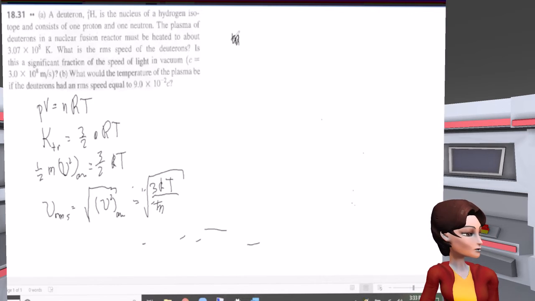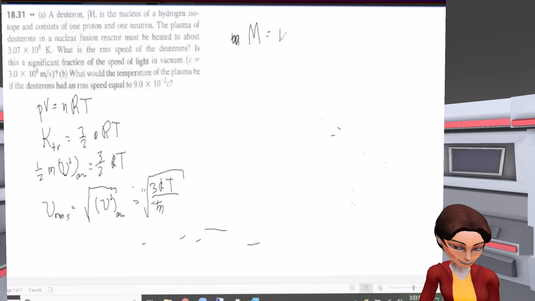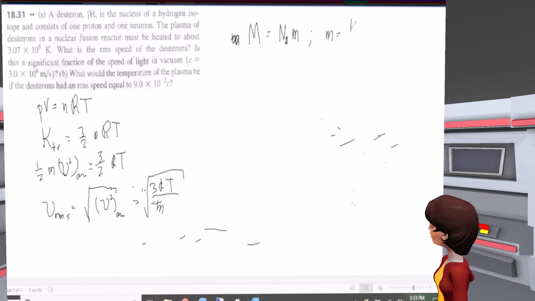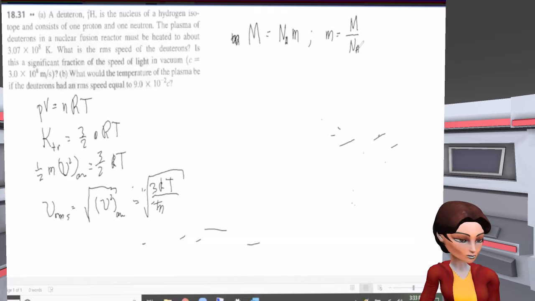We have that the molar mass is equal to Avogadro's number times the mass of each particle. So the mass of each particle then will be the molar mass divided by Avogadro's number.